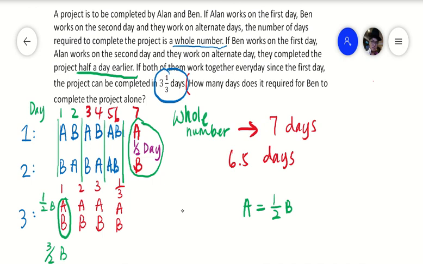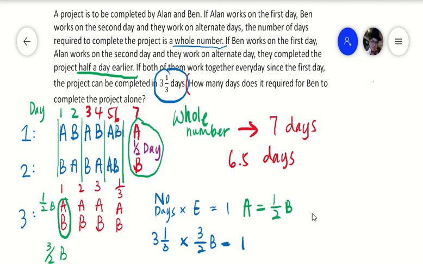So we can put it this way. The work done in 1 day, 3 over 2B, the efficiency, multiplied by the number of days. How many days? 3 1/3 days. Number of days multiplied by the efficiency is now equivalent to 1 project. So we are going to solve this.